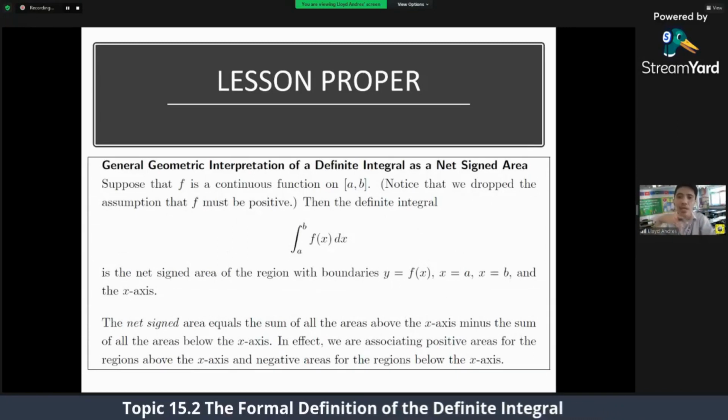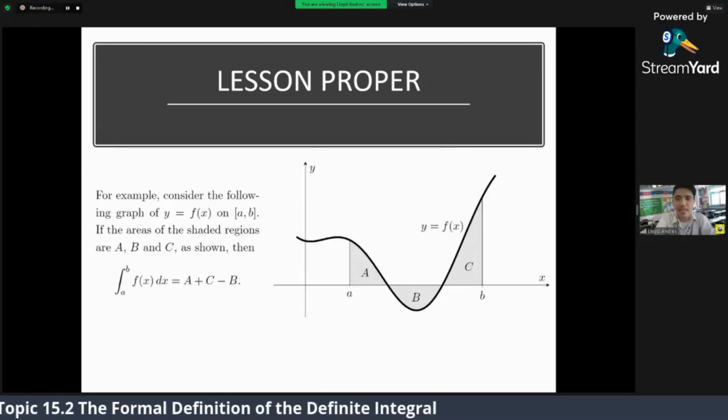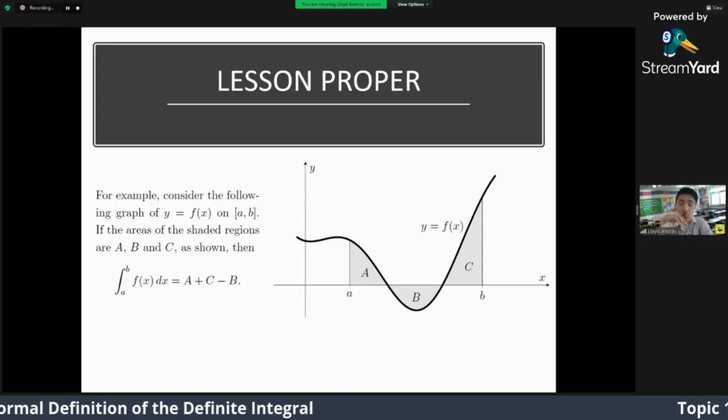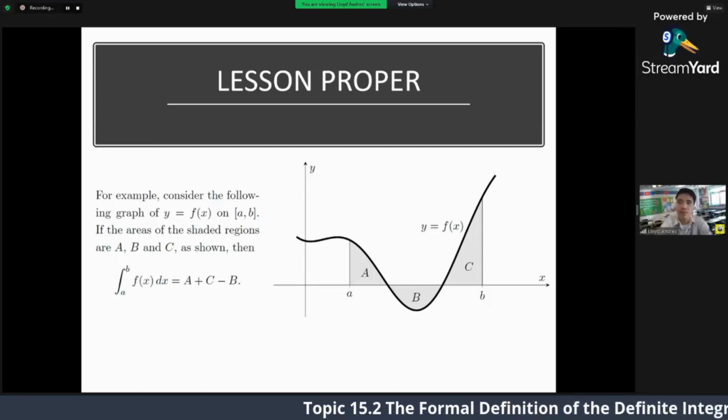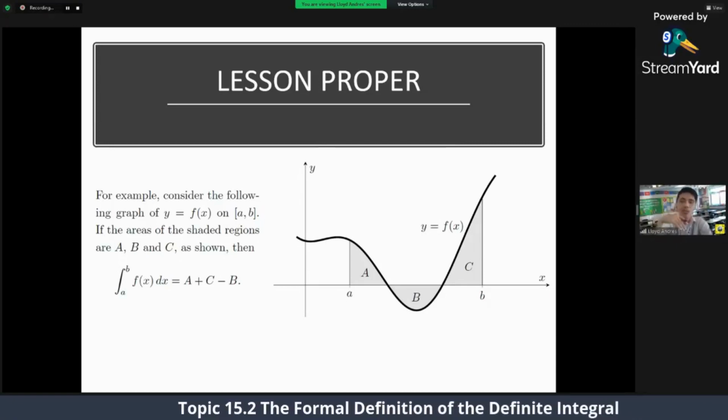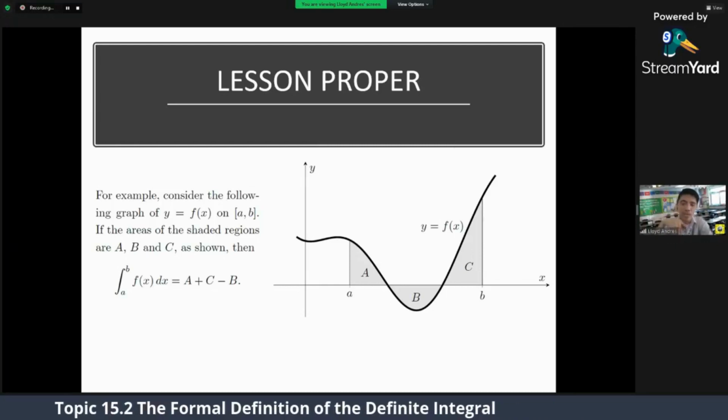The definite integral is the net signed area, again the sum of all the areas above minus the area below the x-axis.